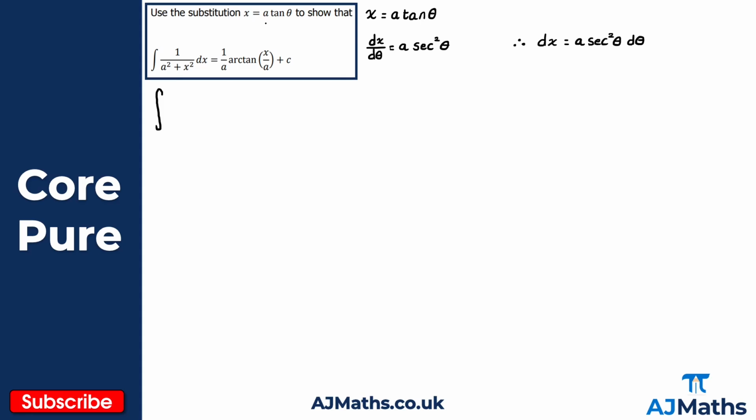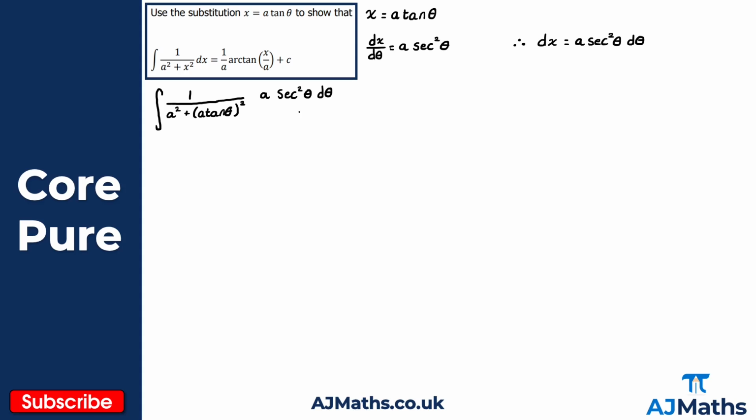We know that x is equal to a tan theta, so we can rewrite the original integral as 1 over a squared, plus x squared, which is a tan theta all squared, and then for dx, which is equal to a sec squared theta d theta, we have a sec squared theta d theta.